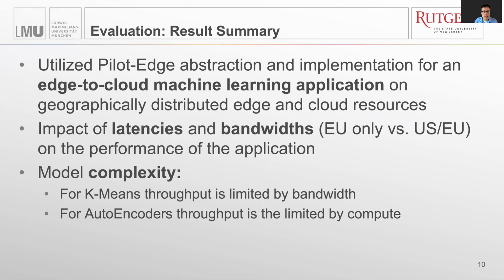We utilized the Pilot Edge abstraction and implementation for implementing a machine learning outlier detection pipeline as found in many edge to cloud applications. We investigated the impact on latencies, bandwidths, and model complexity, and demonstrated how easy it is for the application developer to assess the trade-offs between those parameters.